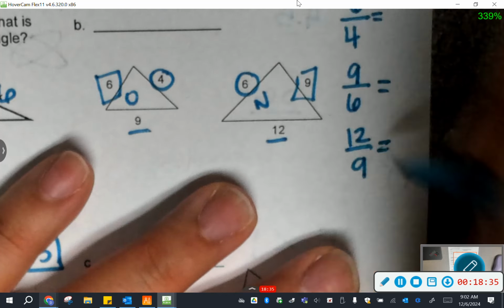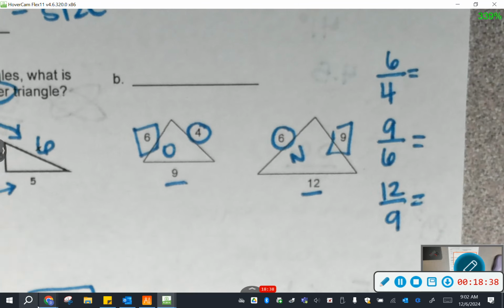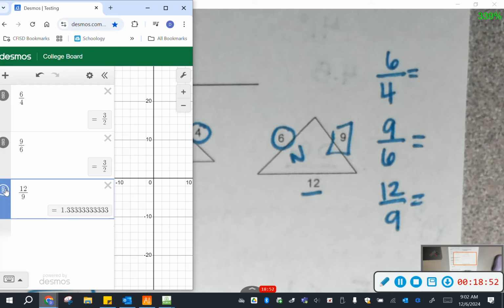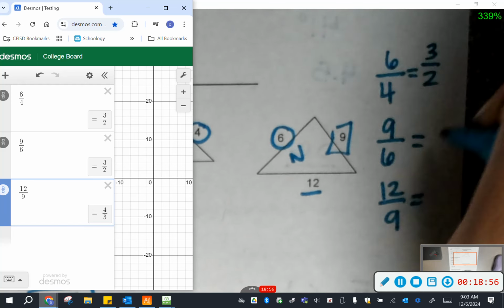12 over 9. And put those in the calculator and see if you get the same answers every time. Can I just stop right here and say, oh, I got the same, I'm done? You have to do all 3 of them. Do I get the same answer every time? No. Are these similar then?